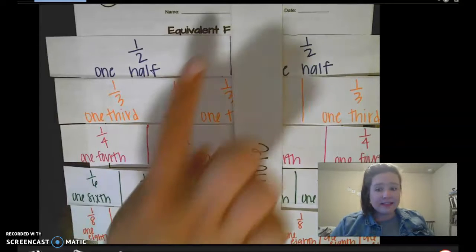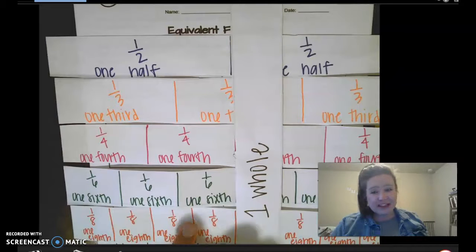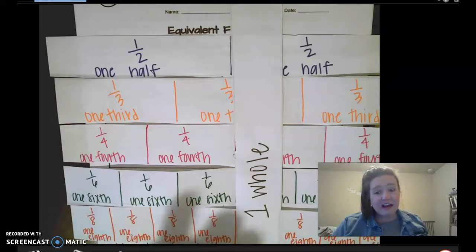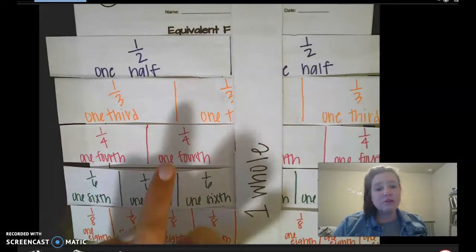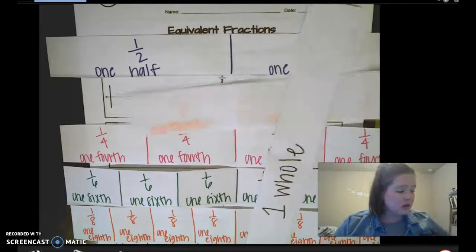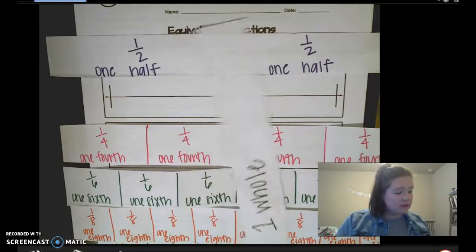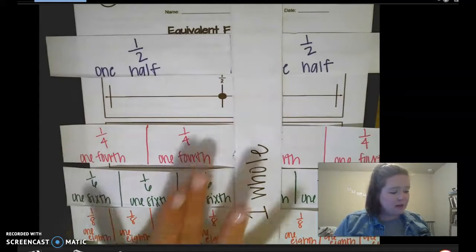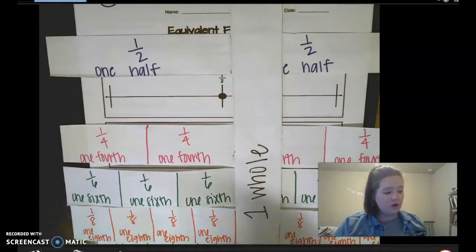So 1/2 is the same as 2/4, as 3/6, as 4/8, which means that 4/8 is equivalent to 3/6, which is equivalent to 2/4, which is equivalent to 1/2. So all of those are equivalent, even though the pieces are smaller and my denominators are not the same. All of those fractions are going to be equivalent.